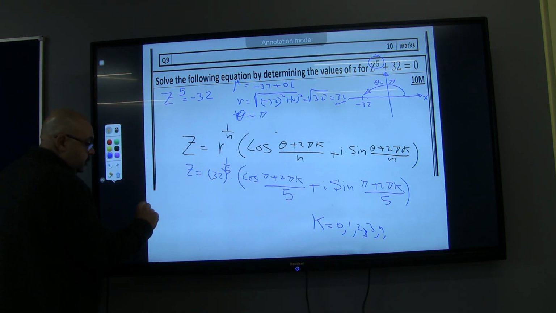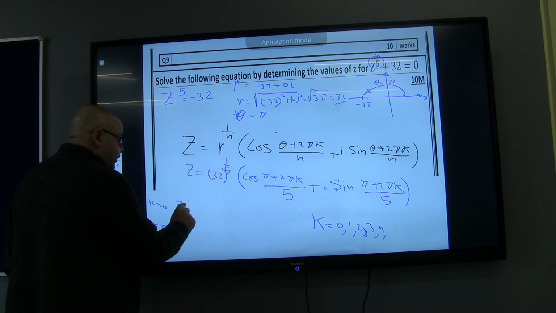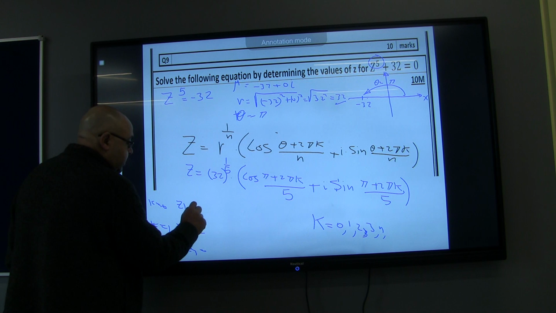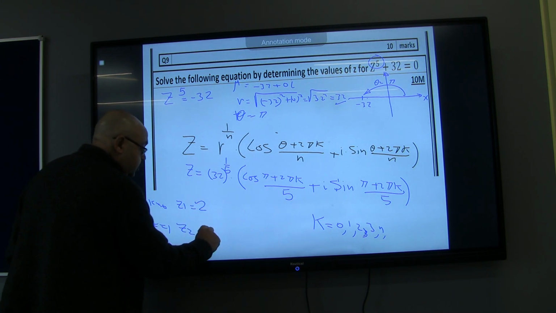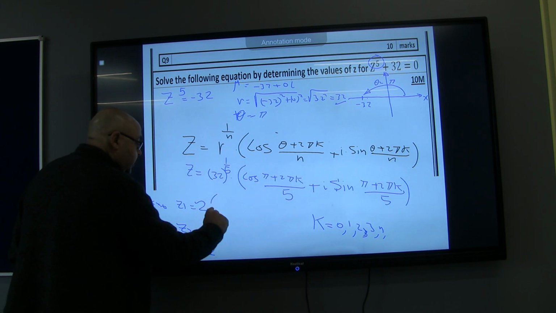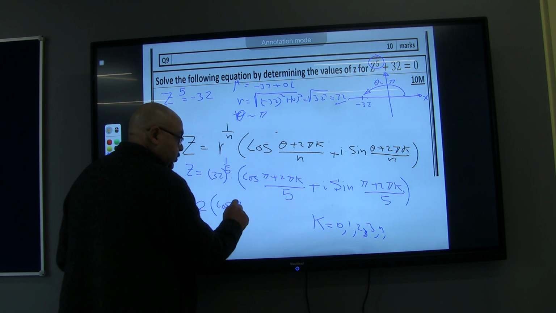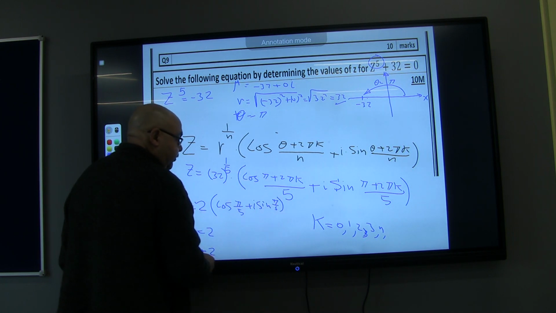So all I have to do is to state that for k equal 0, for k equal 1, for k equal 2, then you will have z1, z2, z3, and so on. For the 5 roots, we'll start by 2, then open your bracket, you will have cosine of pi over 5 plus i sine pi over 5 for the first root.